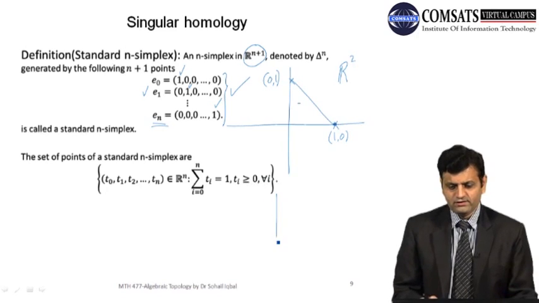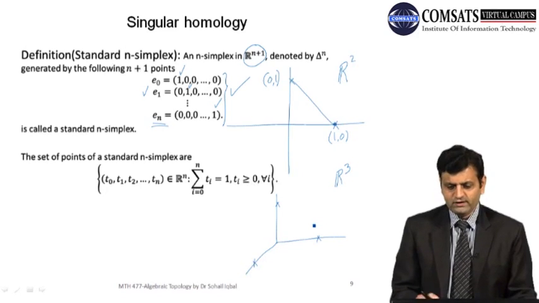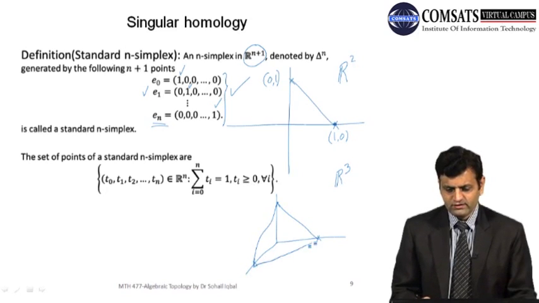Similarly, if you are in three-dimensional space, then we have 3 coordinate points. So in R3, the standard 2 simplex will be basically this triangle. This shaded triangle, in other words the points of this area region are also included.